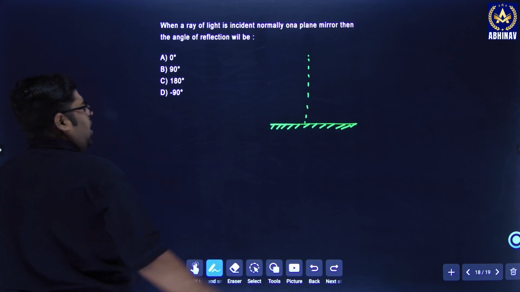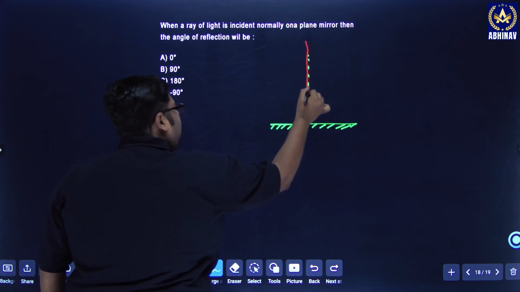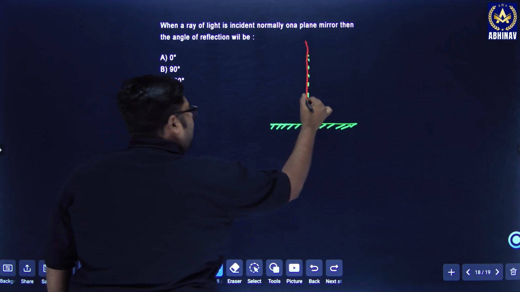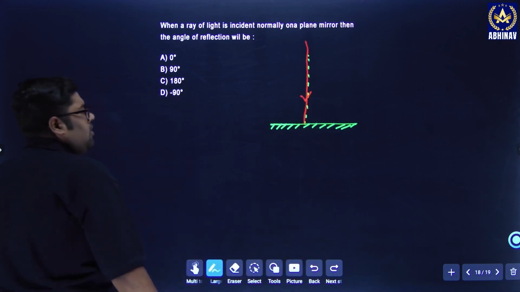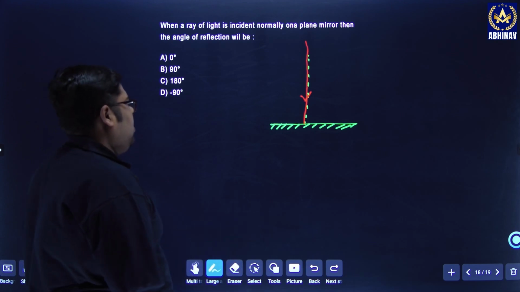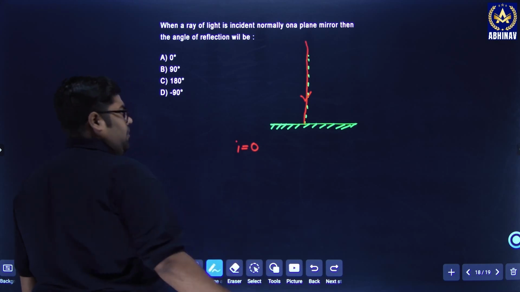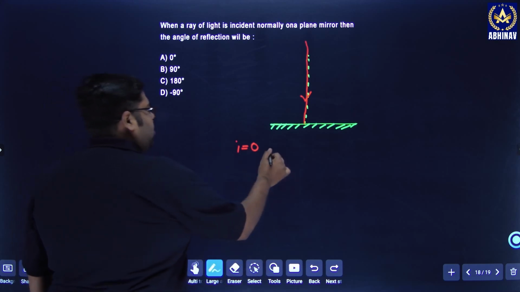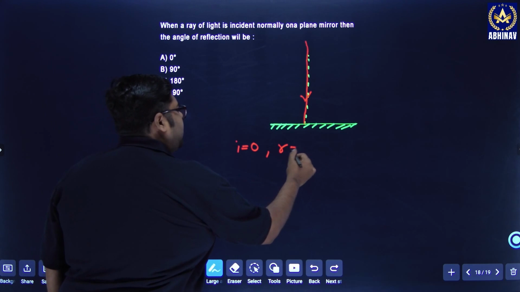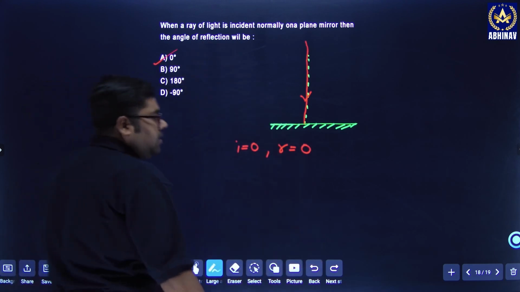Incident normally means the incident ray is along the normal. So tell me now, what is the angle of incidence? The angle of incidence is 0. If the angle of incidence is 0, the angle of reflection is also going to be 0 degrees. That is your first option.